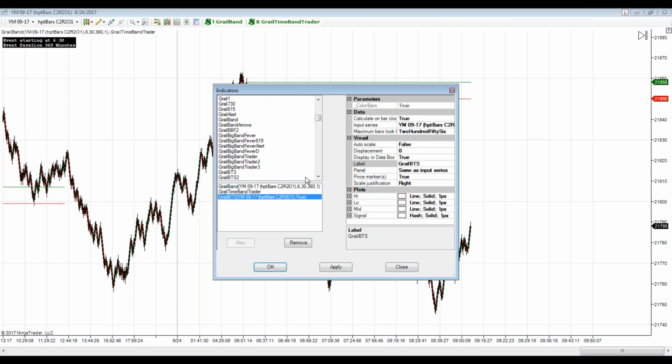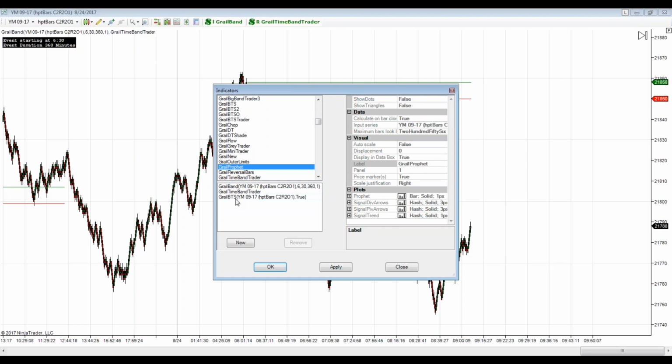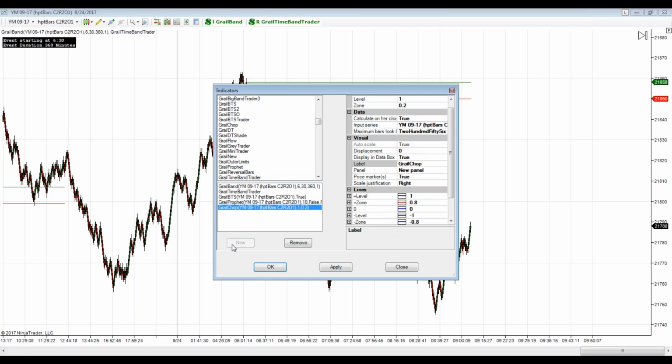I'm going to add the Grail Profit. I'm going to add the Grail chop. Okay, that's what I'm going to add. So I'm adding that, but you can do that off of your normal template if you want. So I'm going to hit OK.